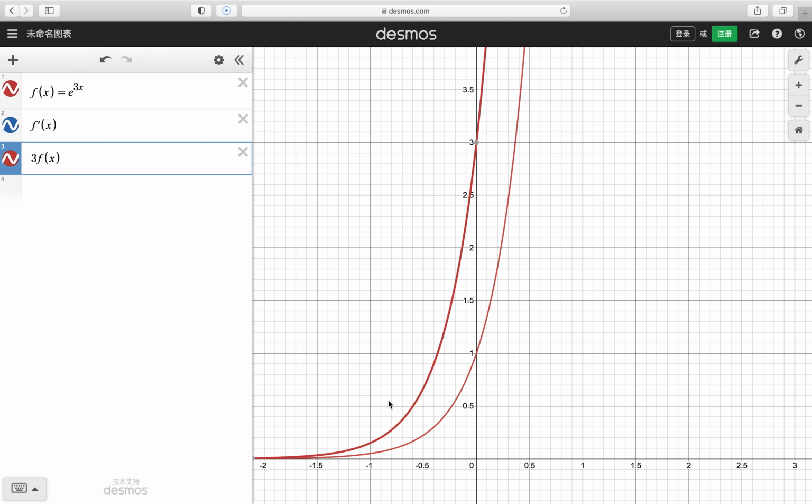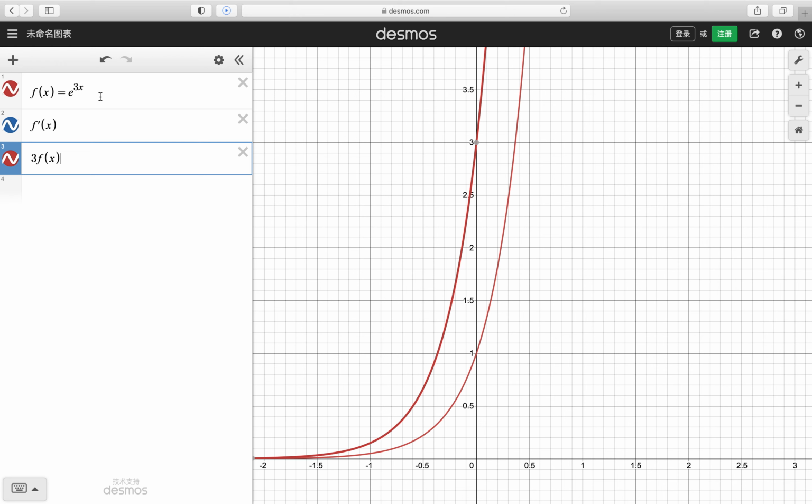So we can see that 3f of x is just equal to f prime of x for all real x. You notice that after you differentiate e raised to the power of 3x, you still need to multiply it by 3, which is the derivative of 3x.